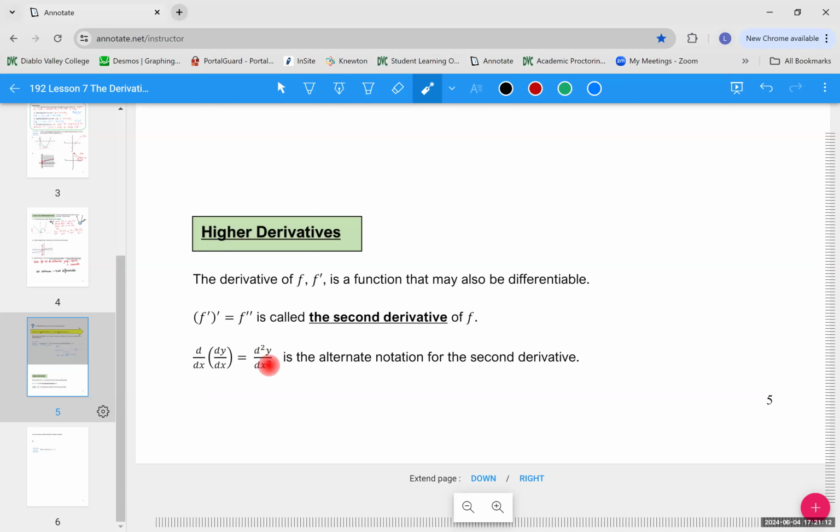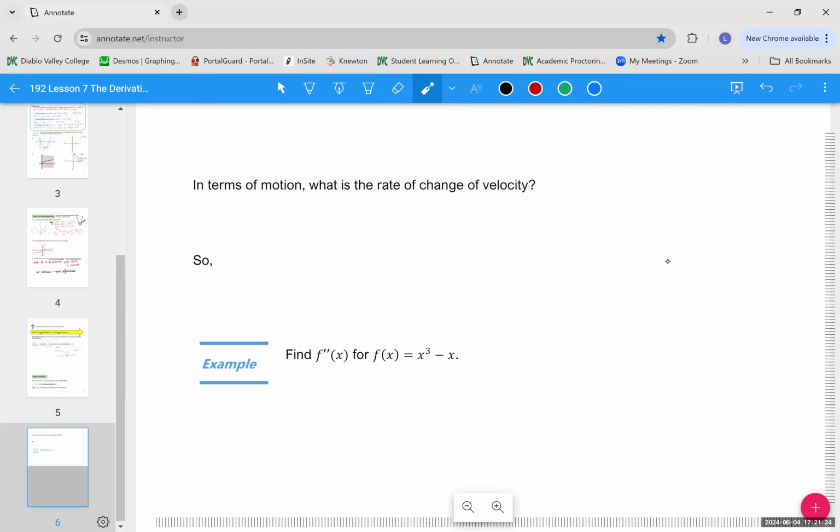It looks very funky in the dy dx notation, d2y dx2, it is weird, I agree. But we can take a second derivative. We'll do an example of it in just a second, but think about how that applies to our motion.